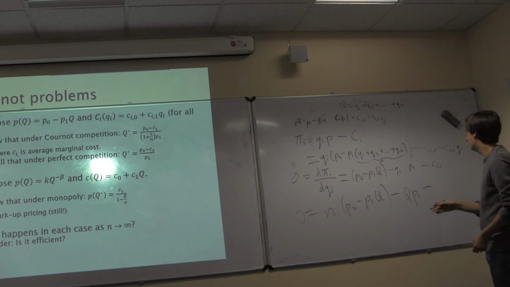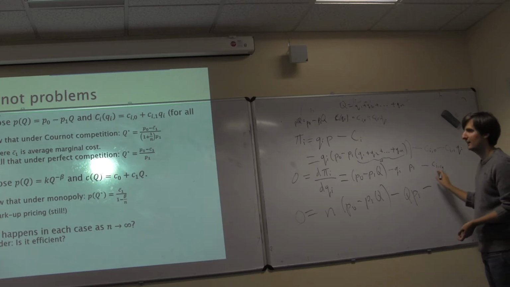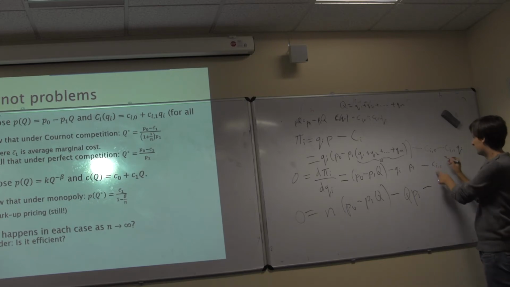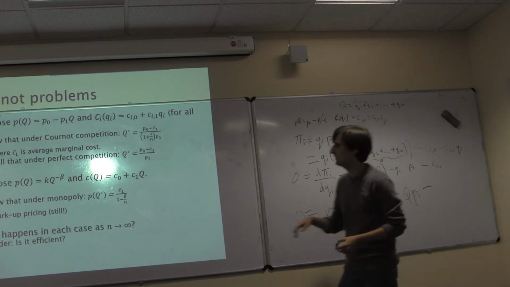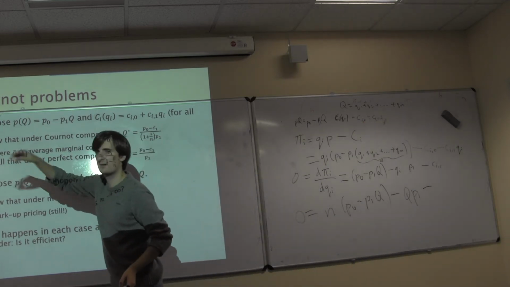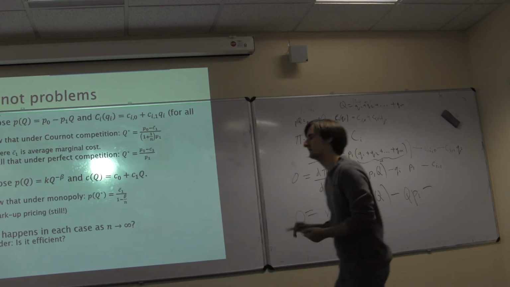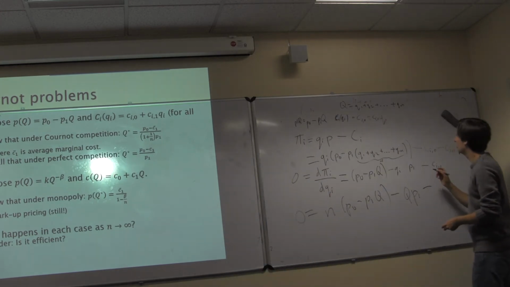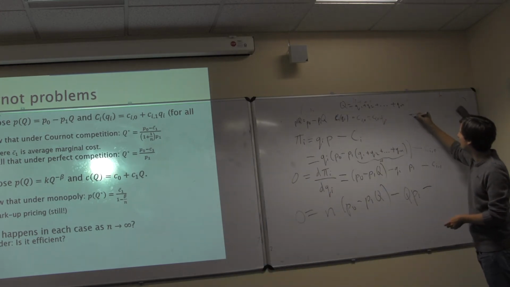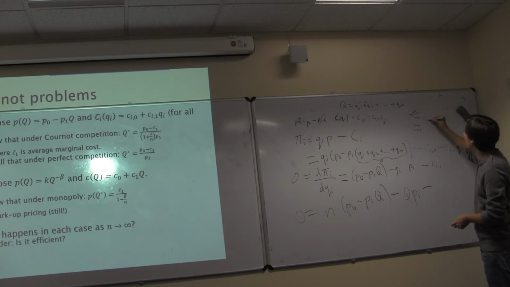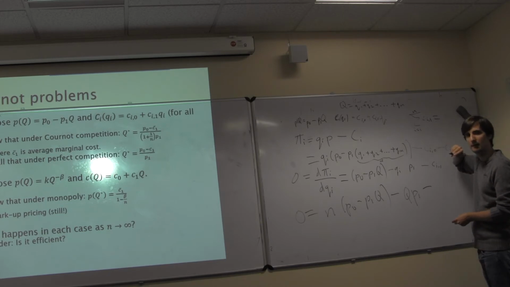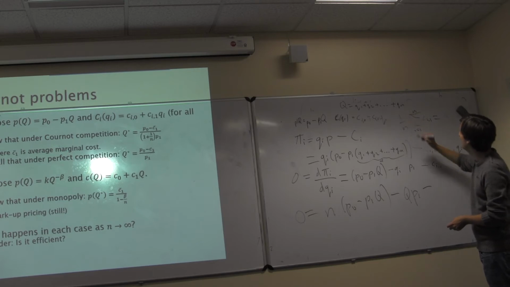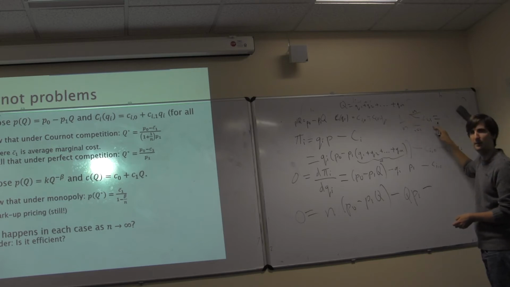Okay? And then this last term, can you express the sum of this last term in terms of average marginal cost? So what we have is the sum from i is 1 to n of Ci1. If you divide it by n, if you had 1 over n, that would be the definition of average marginal cost, right?